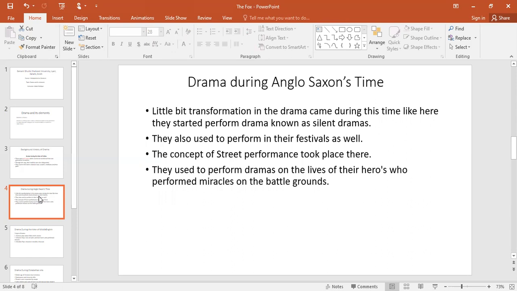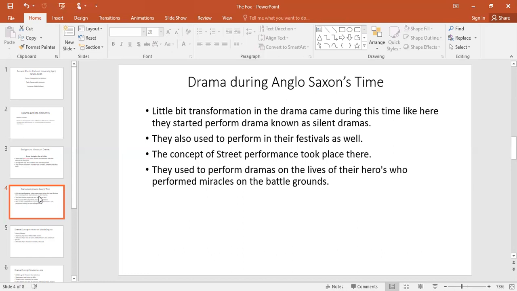The character is carrying a picture and showing it to the audience standing in the street, carrying the picture across the stage from one side to another. The message is conveyed through the picture, and from the second side of the stage, another person takes another picture and carries it to that end. From that end, the same person or a second person will come with another picture.